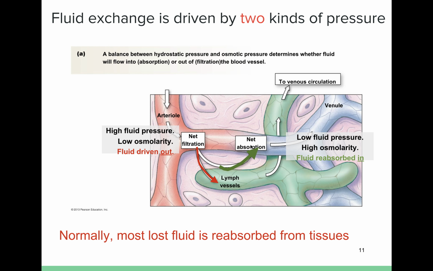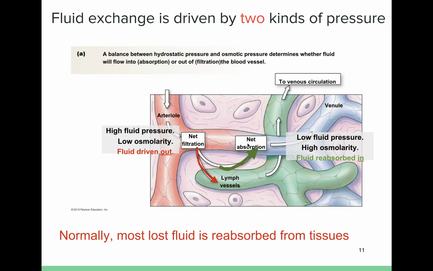And the way that happens is because as the blood travels through this capillary, the fluid pressure begins to decrease. Some fluid has been lost, so there's not as much fluid in the capillary, so we'll lose pressure because of that. We'll also lose some pressure because as the blood travels to the right, due to frictional forces rubbing up against the walls, for example, some of that pressure will be lost as well.